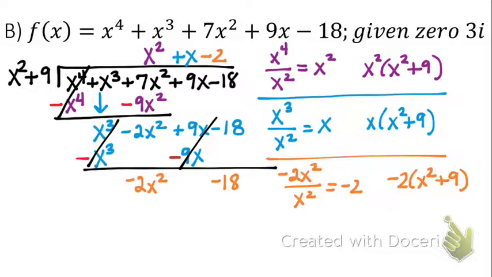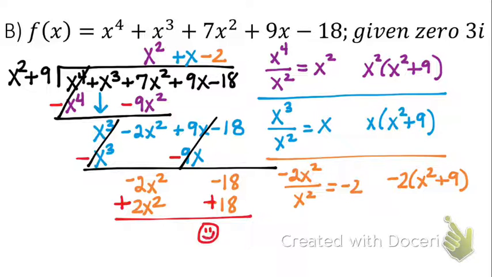So when you distribute that, you get negative 2x squared, because negative 2 times x squared is negative 2x squared, and then negative 2 times 9 is negative 18. We do our change. Do we end off with a 0 at the end?